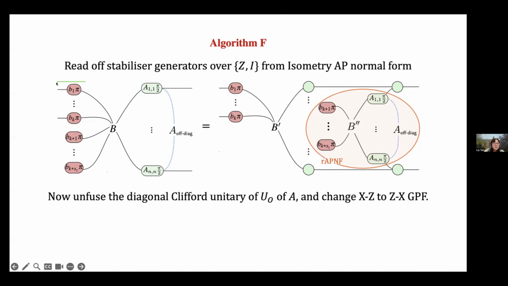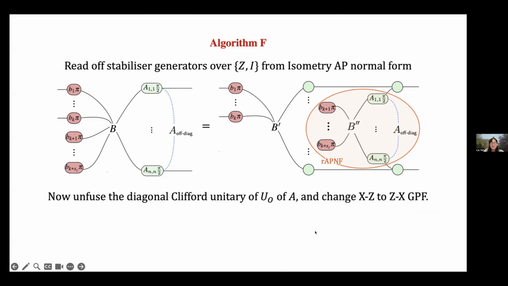It's not really an issue that you have these red pies over here, because all of the GPF algorithm rewrite rules still work if you have the pies. You could also equivalently unfuse the pies and then fuse them back in. So that's fine. And then when you have Z-X GPF, this lets you read off the X logicals and the X-type stabilizer generators of your CSS code.